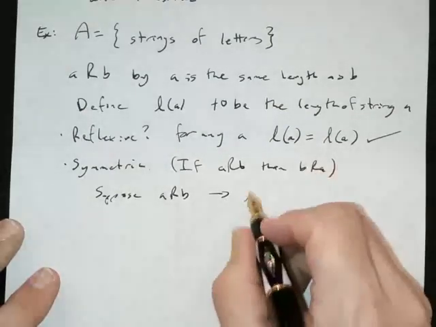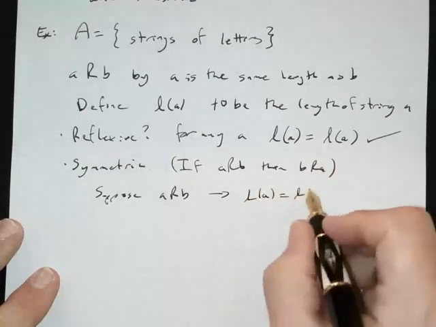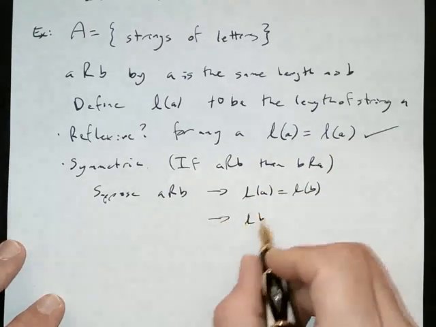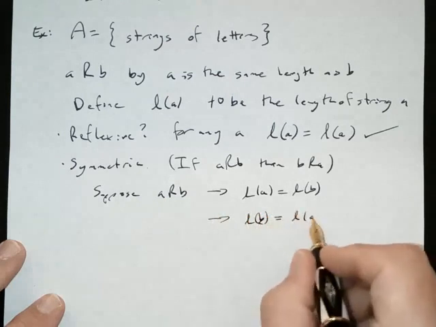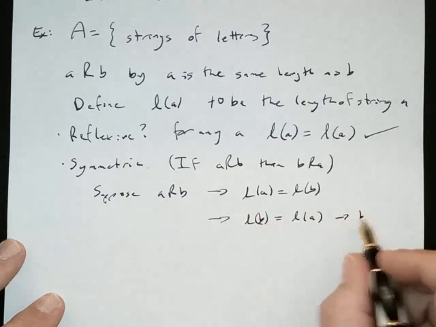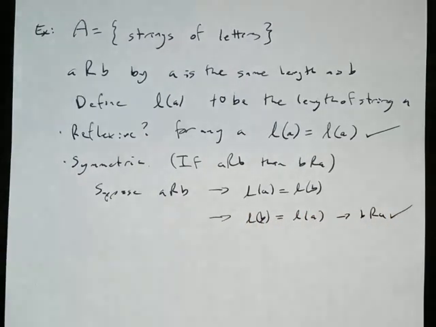It means that the length of A is equal to the length of B. Well, that's an equal sign, right? So it doesn't matter what's on which side of an equal sign. Now those two are reversed. If A and B have the same length, then B and A have the same length.